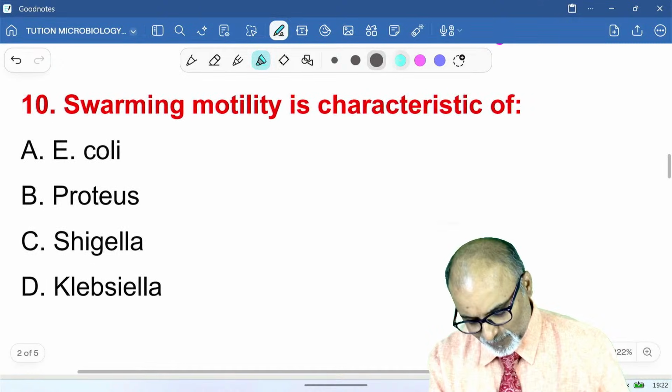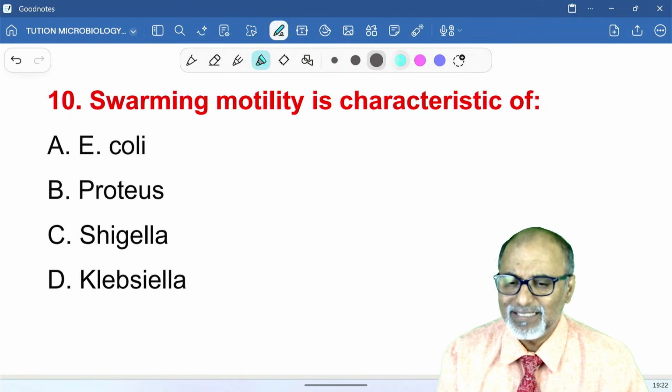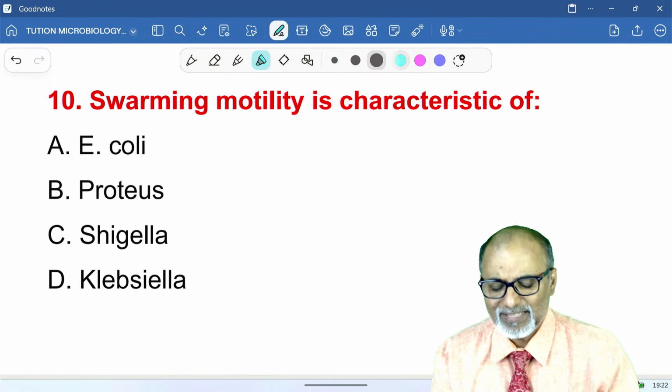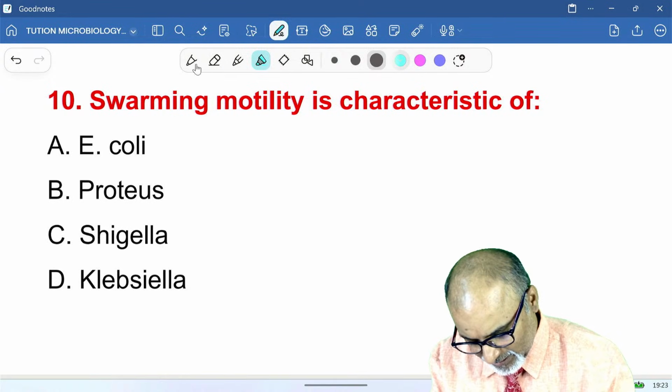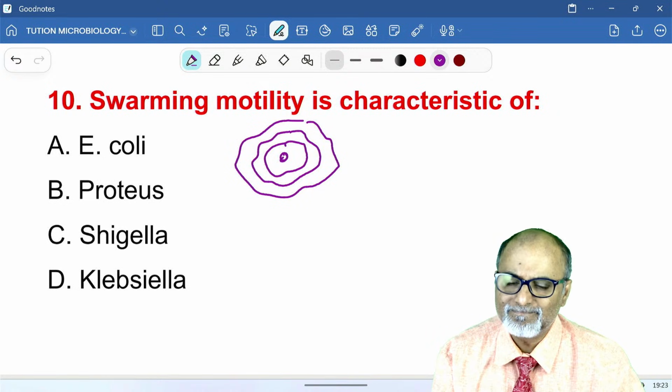Next is swarming motility, characteristic of? Swarming is a wavy growth. This is the colony, and the bacteria grow like that. This is called wavy growth. We call it swarming.